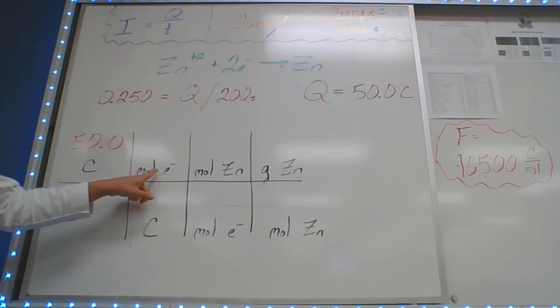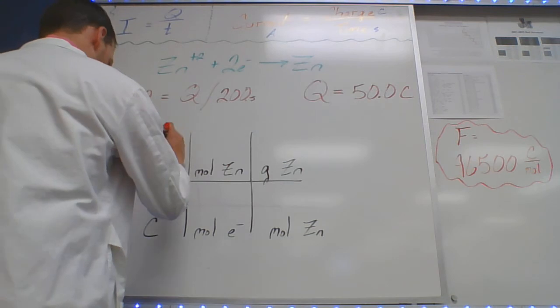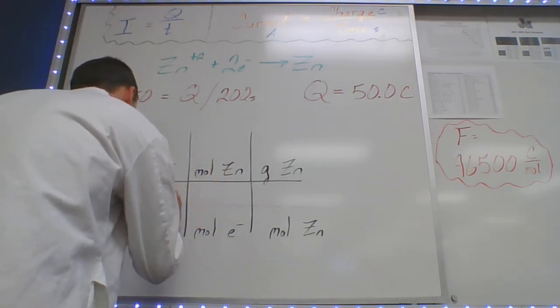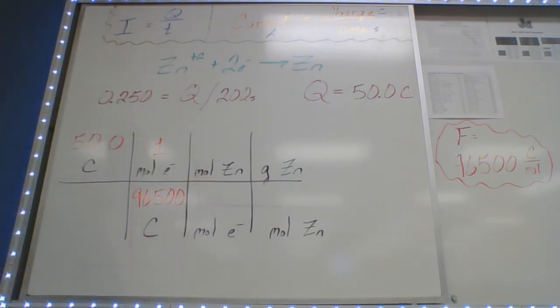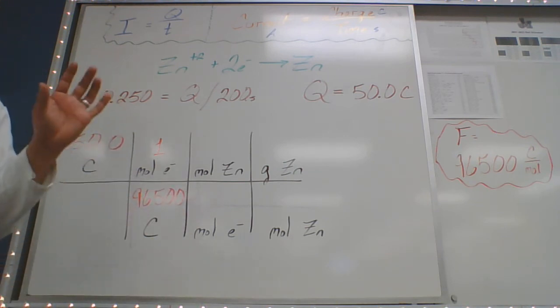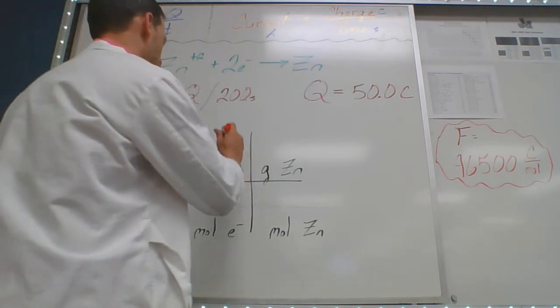All right, if I'm comparing moles to coulombs, I know that that's Faraday's constant. So 1 mole is 96,500 here. If it's moles over moles, the value comes from the coefficients of the balanced equation. For zinc, it's 1.